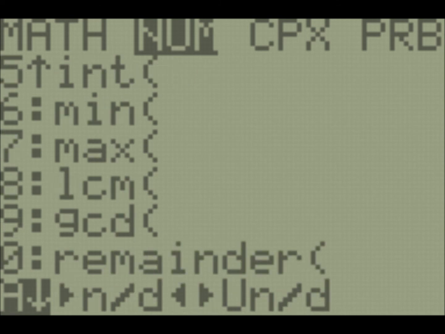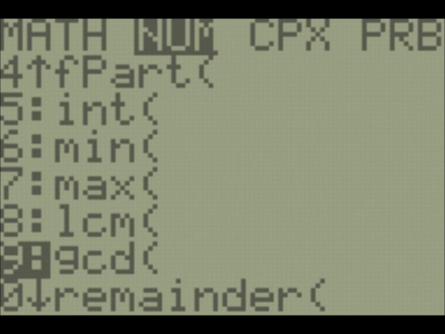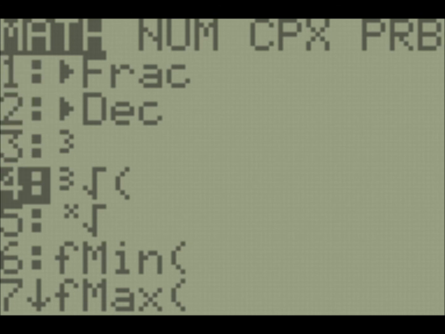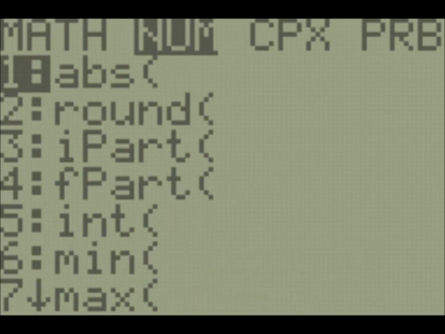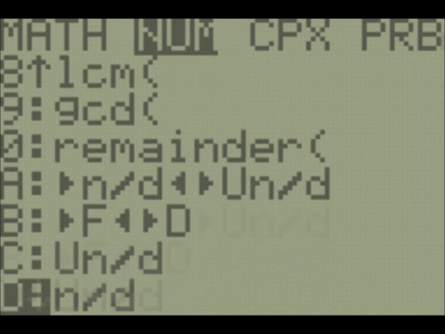The next one is one of the more useful ones that a lot of people sometimes forget about, and that is remainder. Quick note, if you're following along and you don't see remainder, some operating systems won't have this, and there will be many commands that you may be missing.